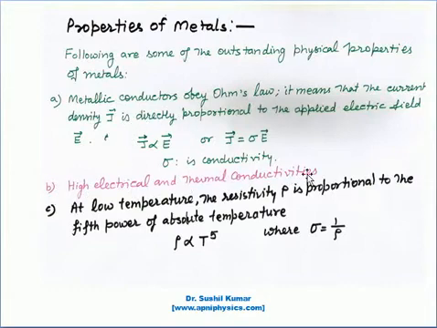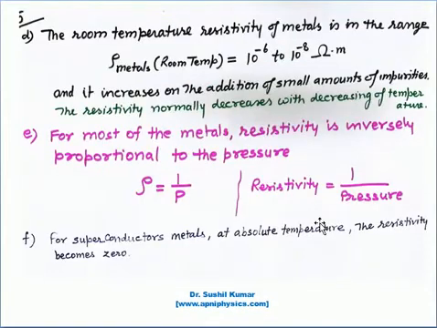The second one is high electrical and thermal conductivities for the metals. Number 3, at low temperature the resistivity rho is proportional to the fifth power of absolute temperature. One knows that sigma is the conductivity and rho is the resistivity, both related by an inversely proportional relationship. So these were the three properties.